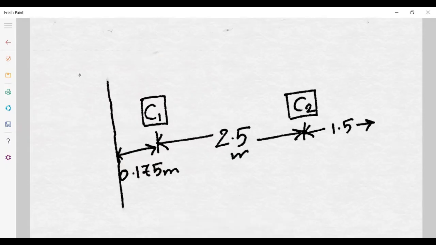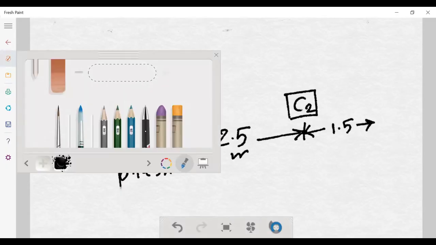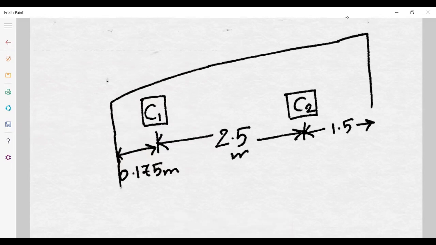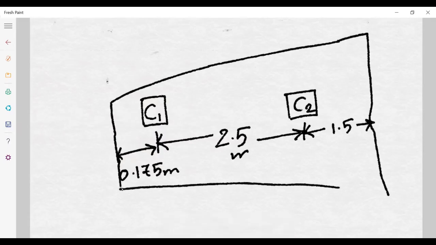Let me mark it a little bit more accurately. So basically it will look like this. I'm not drawing it to scale, so please try to draw it more accurately. I'm just drawing a representative diagram.